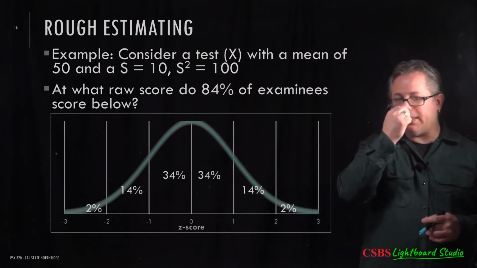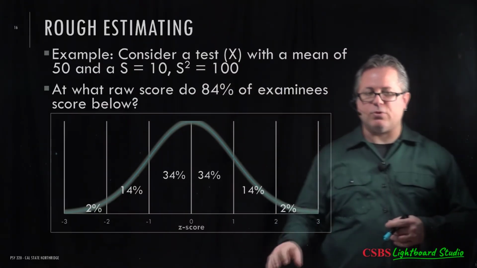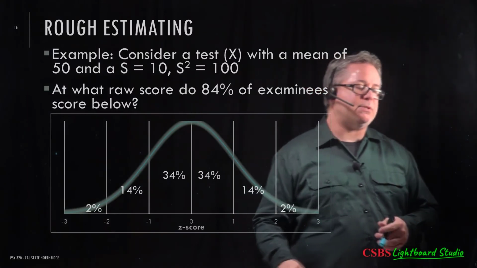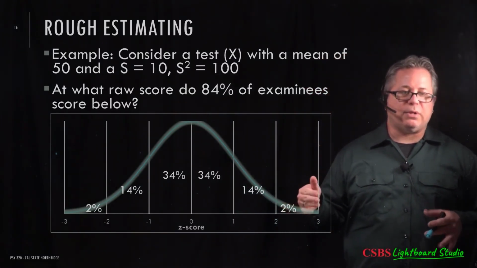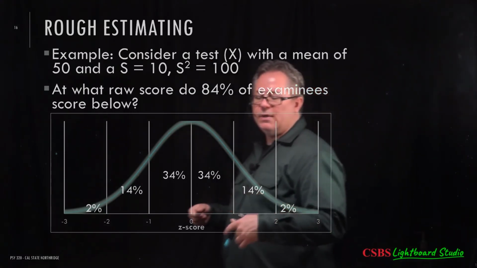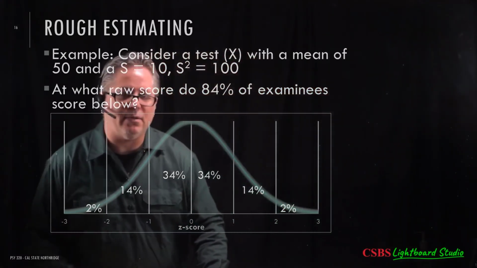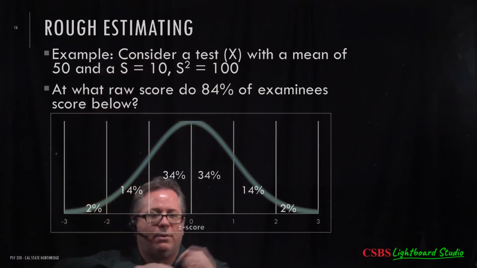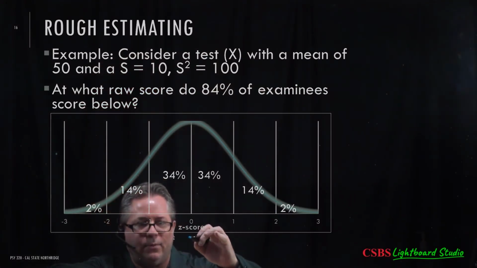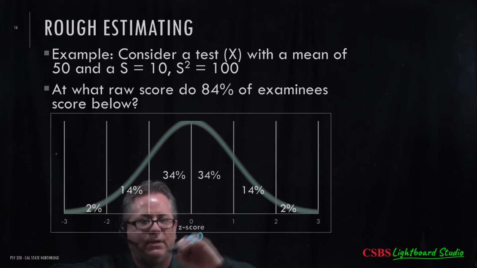The first thing that I would do, if ever I'm seeing these problems come up on a test or on a homework or wherever, is to try to line things up. If this test has a mean of 50 and a standard deviation of 10, I'm going to write down that a z-score of 0 corresponds to 50 in my raw score.